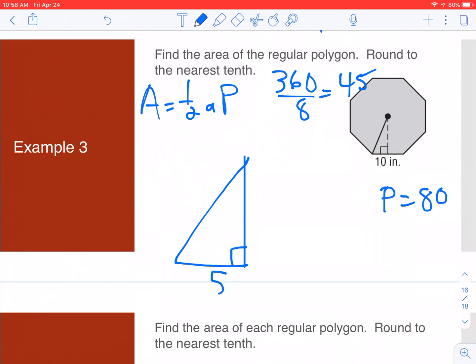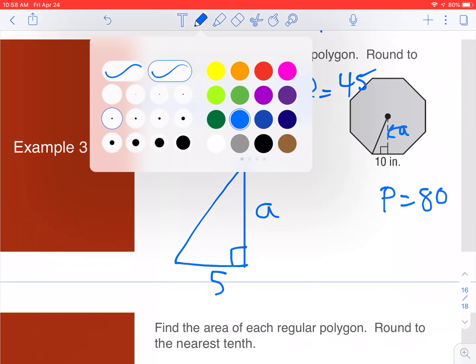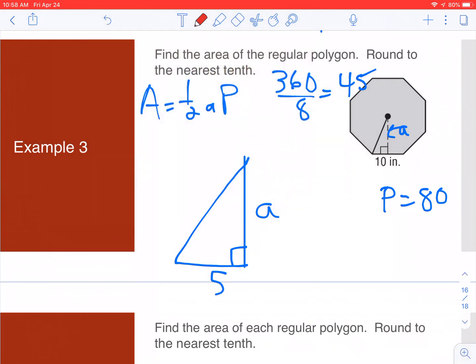It's 5 again down here. Apothem, right? I could draw that there for you. Okay, I need to find the apothem. And I knew 45 divided by 2 is 22.5 for that angle right there.